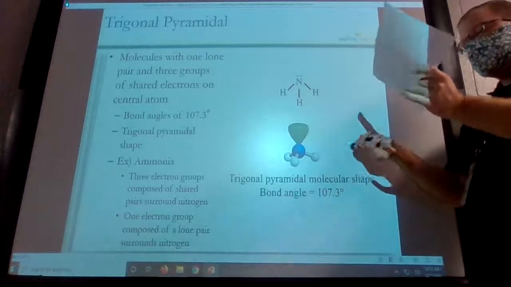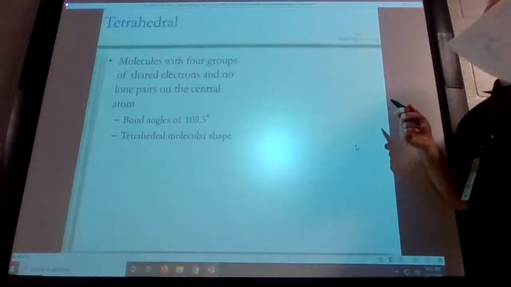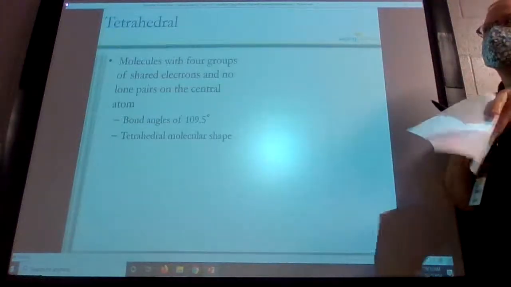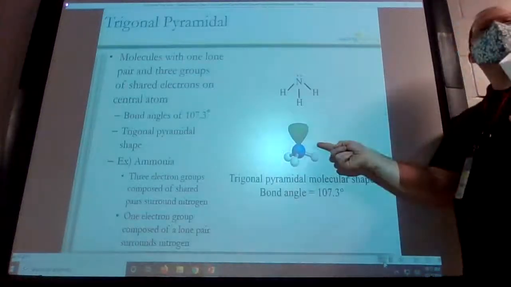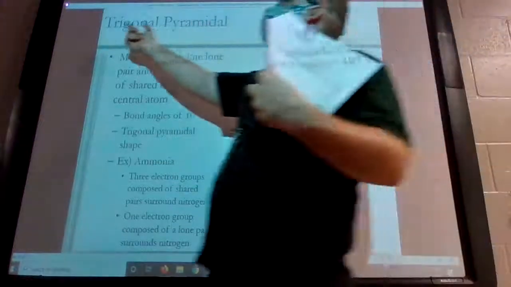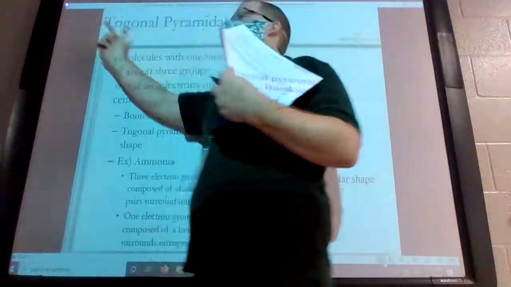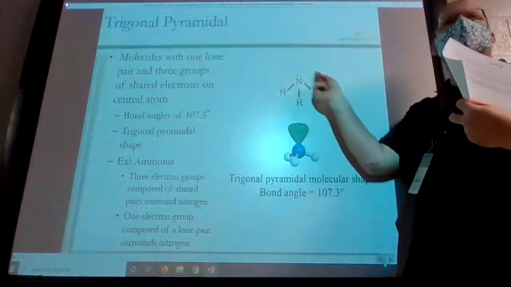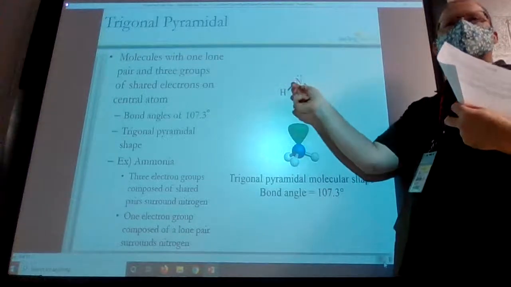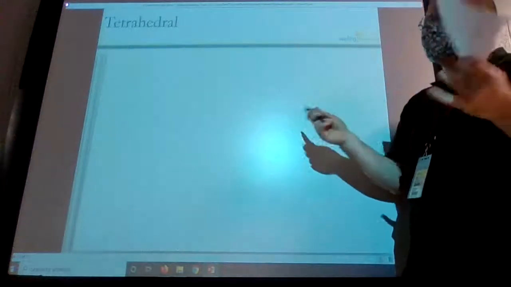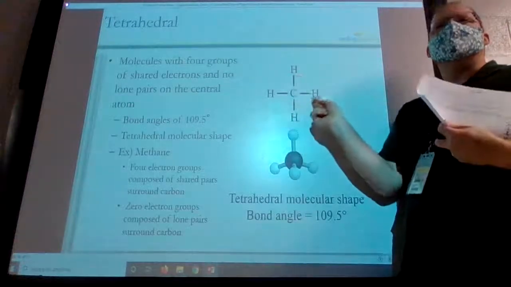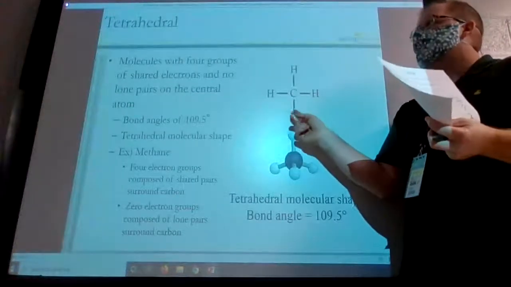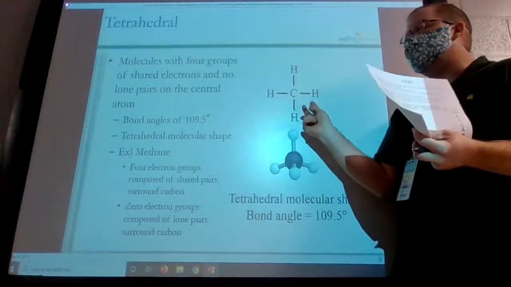And then finally, tetrahedral. The difference between tetrahedral and trigonal pyramidal. Trigonal pyramidal, the tri tells me I have 3 bonds, but the pyramid shape tells me that I have 4 total electron groups. For tetrahedral, I'm still going to have 4 electron groups, but it's going to be 4 bonds. So you see the difference between those. Tetrahedral is going to have all 4 of them tied up in bonds.